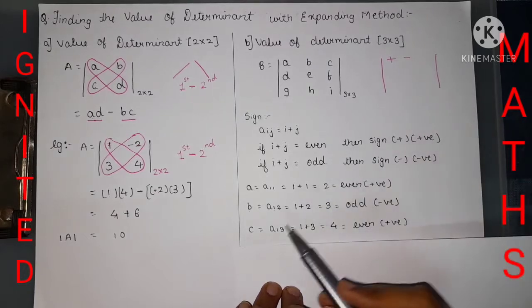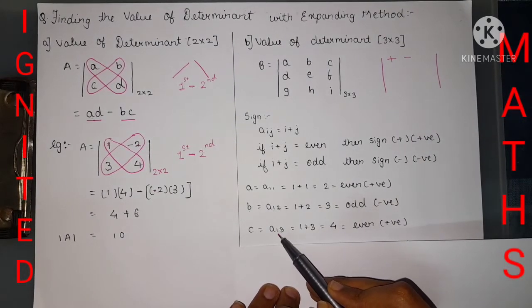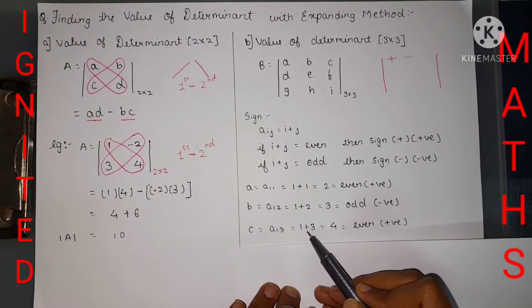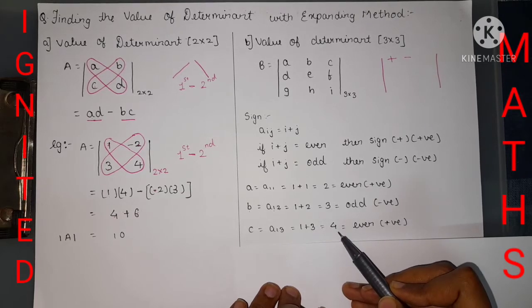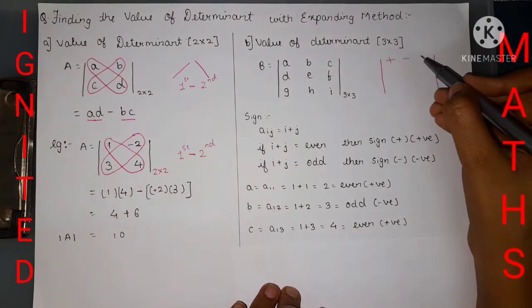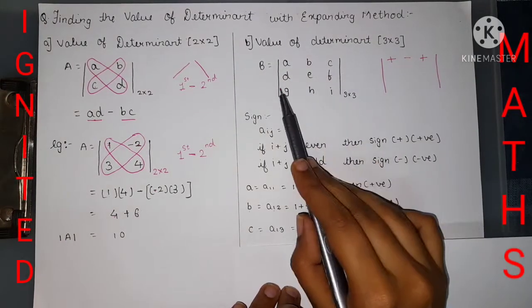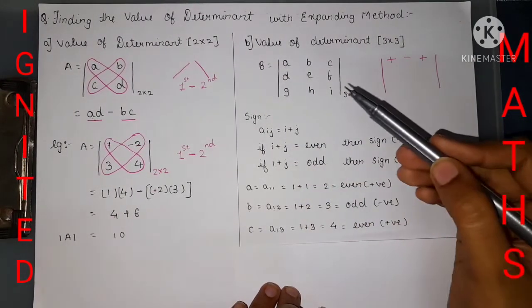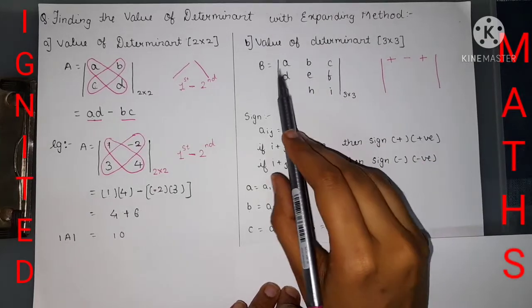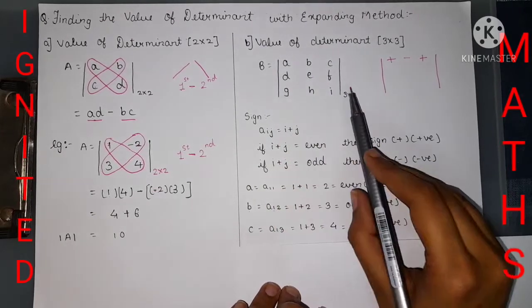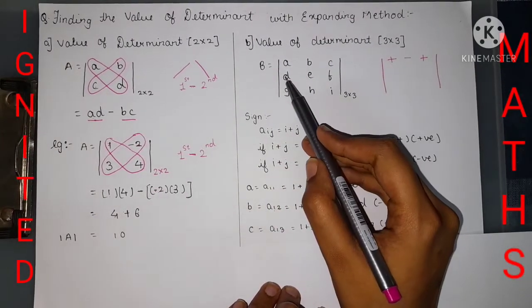If I add both terms, 1 plus 3, then I get an even number, so the sign will be positive, right? The same method is applied to the second row and third row also. You can check the values one by one. Now I am going to do the second row, and the third row will be the same.